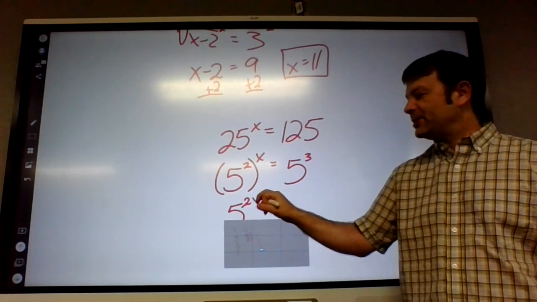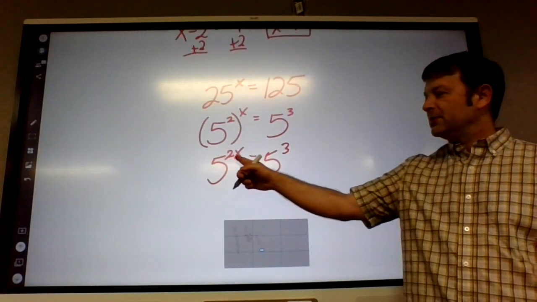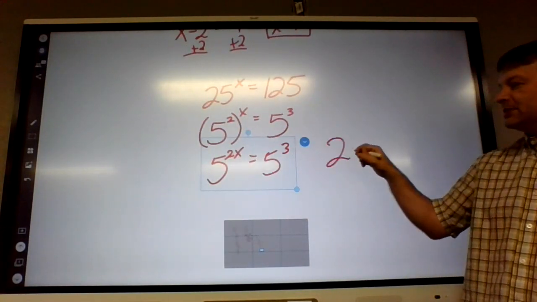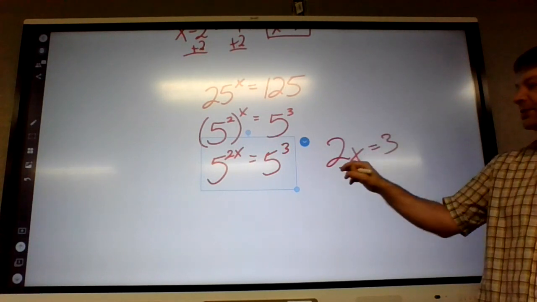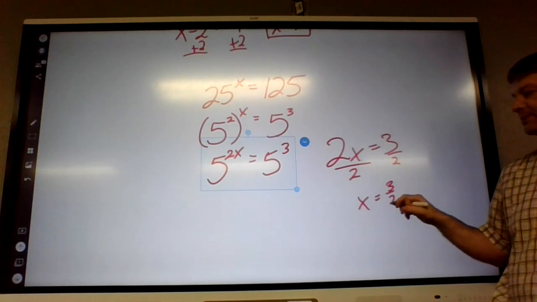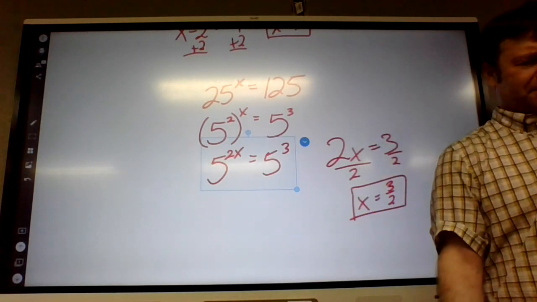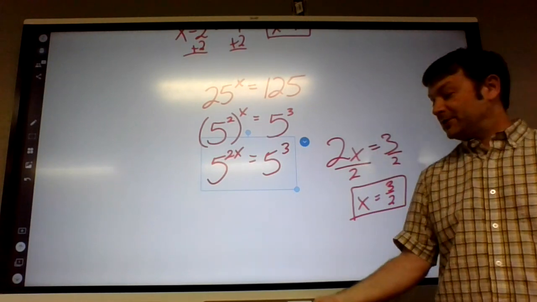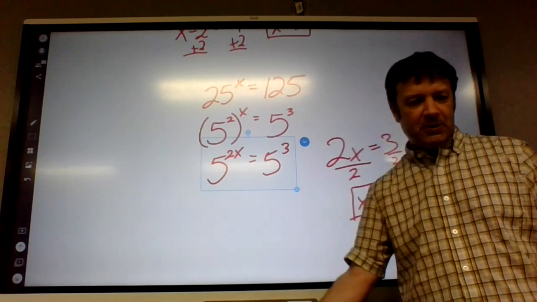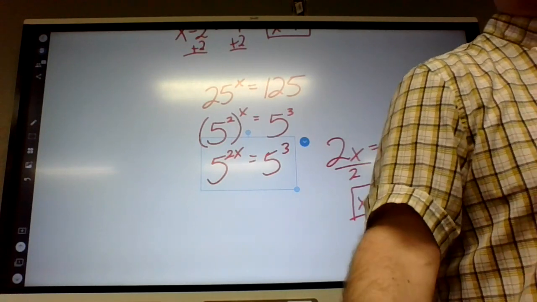So do you guys remember this? 5 to the 2x equals 5 to the third. 2x has to equal 3. So x is 3 halves. Probably easier just to use logs, but we'll review logs later.